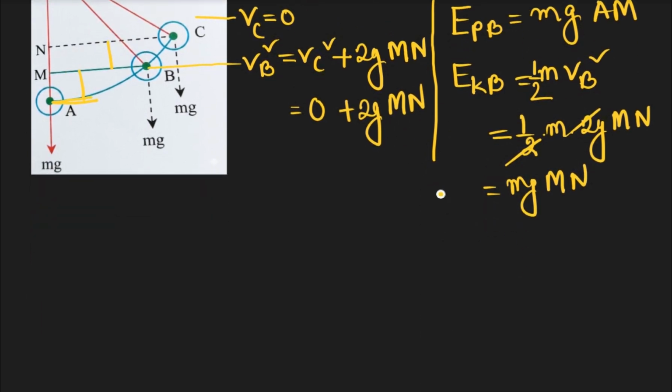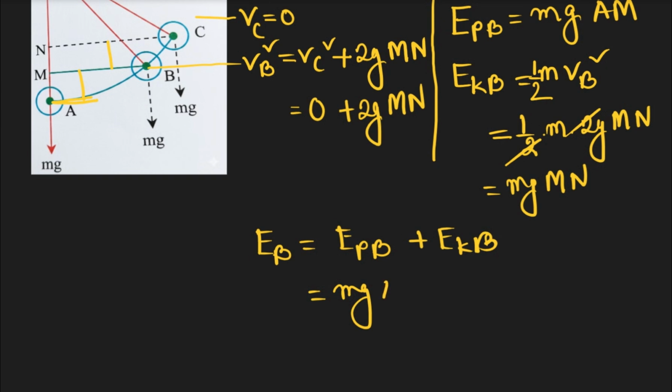So the total energy at point B, we can write EPB plus EKB. EPB is mg AM plus mg MN.